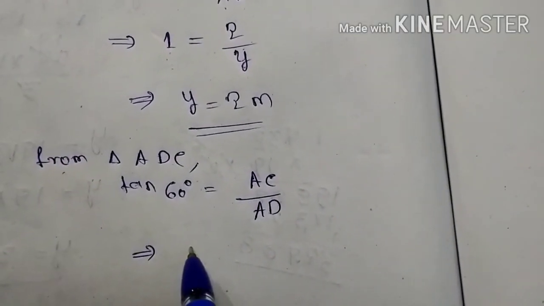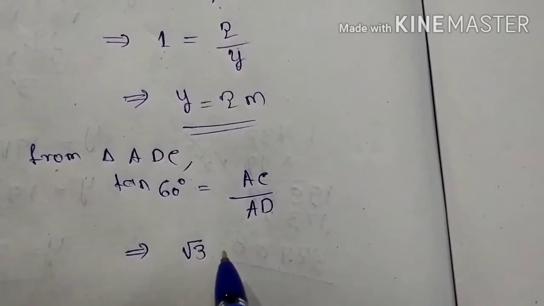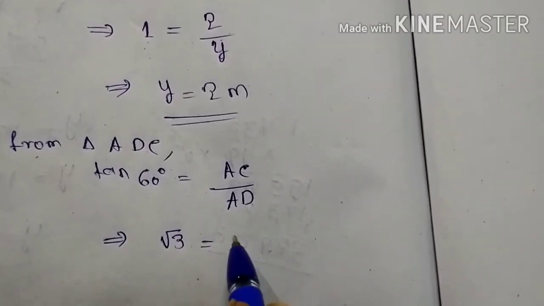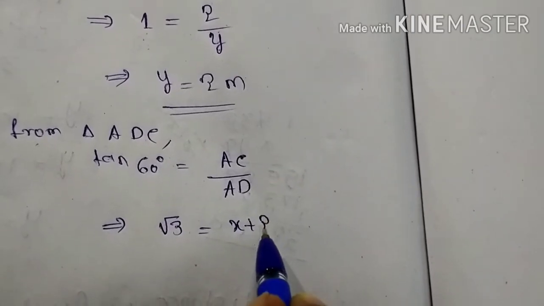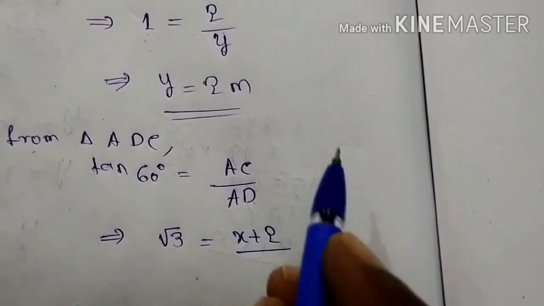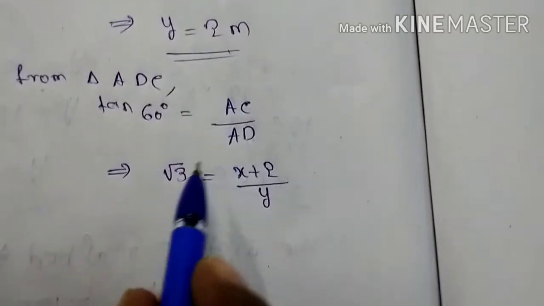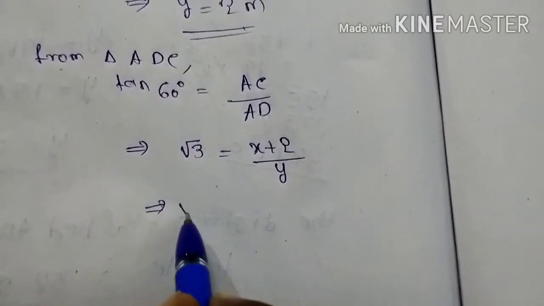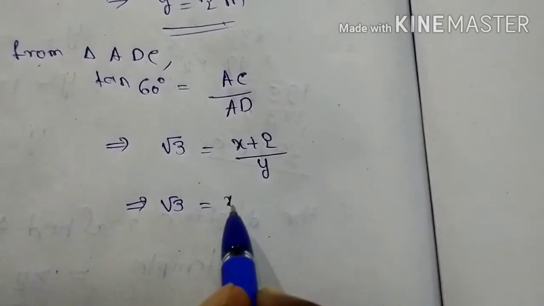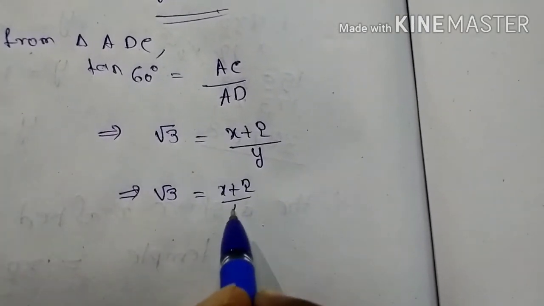Tan 60 value is root 3. Root 3 is equal to X plus 2 by AD, and AD means Y. You know that Y value is 2. You can substitute here. Root 3 is equal to X plus 2 by 2.